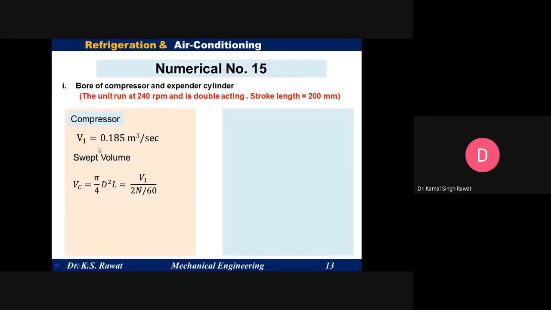And we can also calculate the swept volume by V1. V1 is meter cube per second.